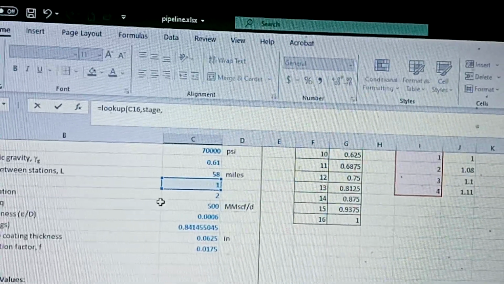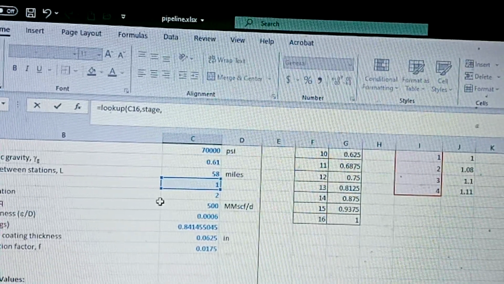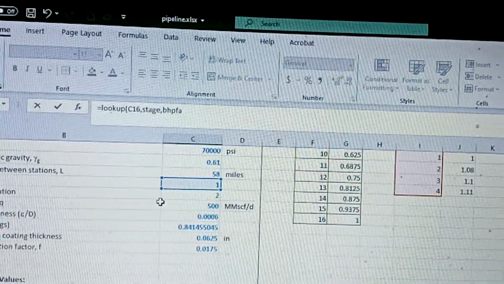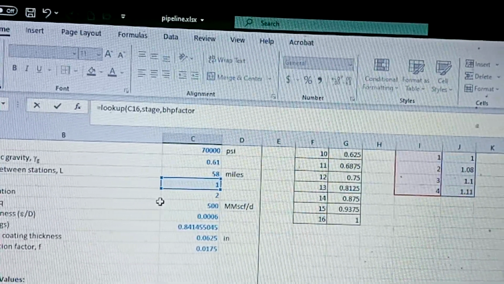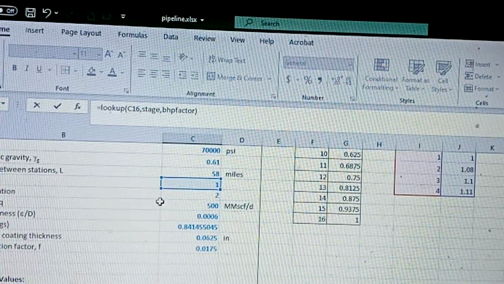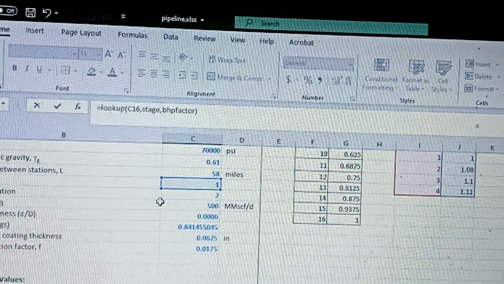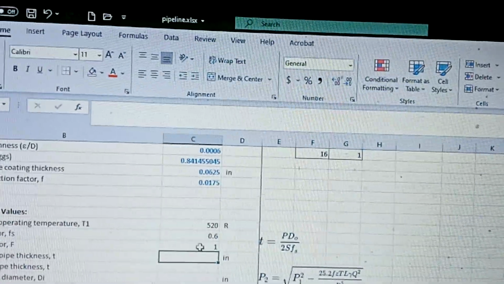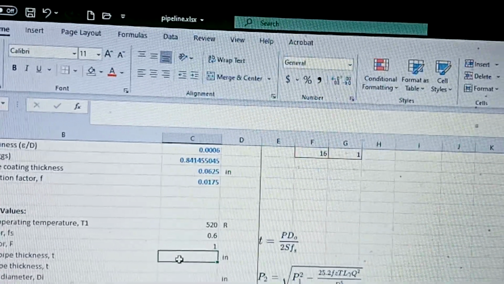Once you find that inside stage, it's going to return my BHP factor. I close. Okay, so you see it's 1 there.